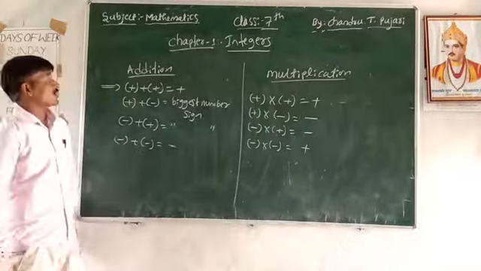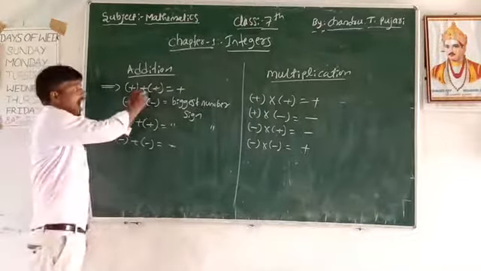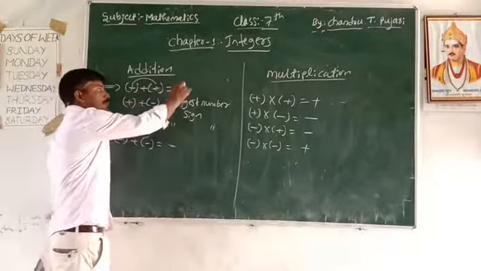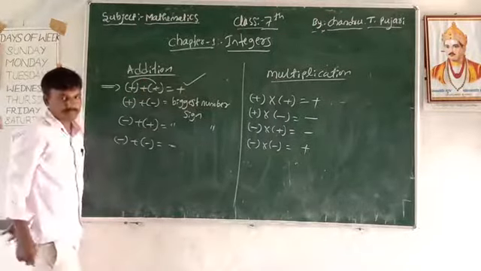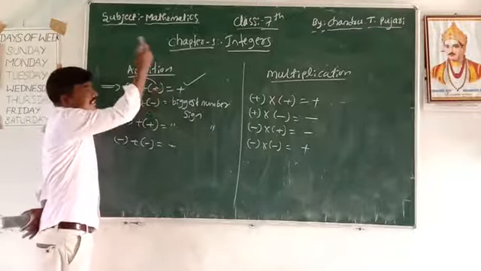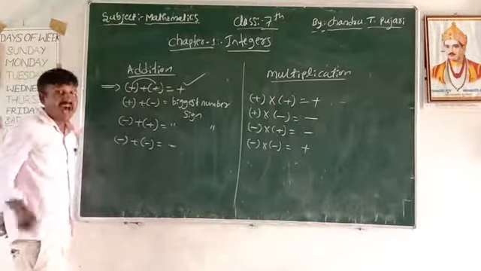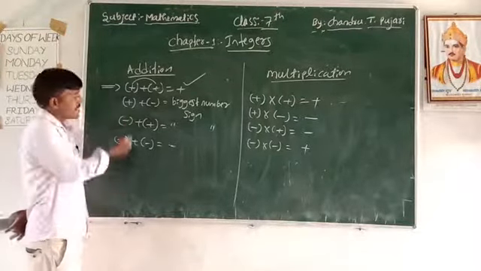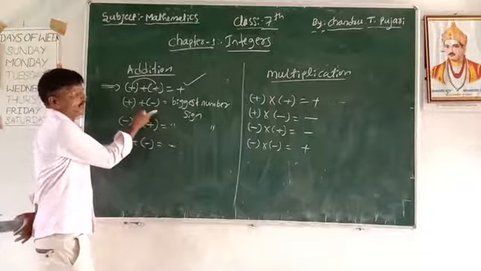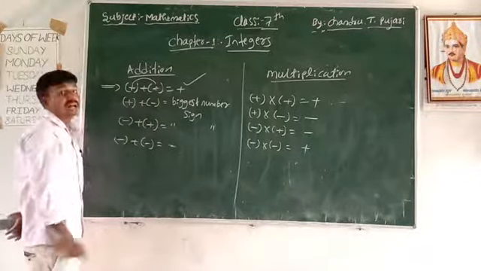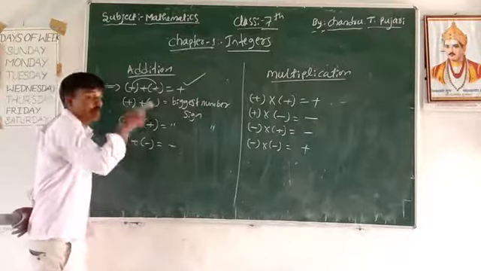The first one is what? You can add any two positive integers, the answer is also a positive integer. Second condition: you can add one positive integer and one negative integer. The answer takes the sign of whichever of the two integers is bigger.